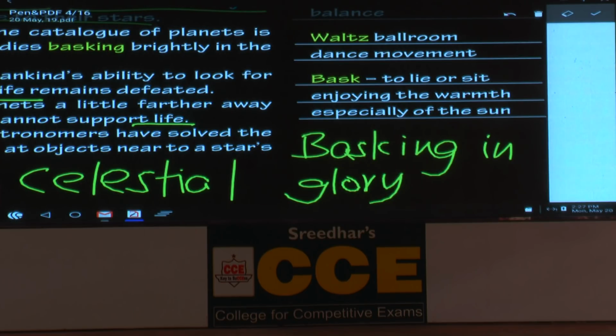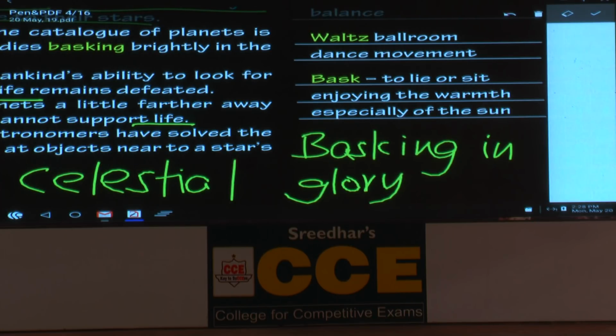It means enjoying the success or achievement. This word is not familiar in our culture. We don't use this word, B-A-S-K, basking, especially the first meaning. But if you take Westerners, it's a regular word.